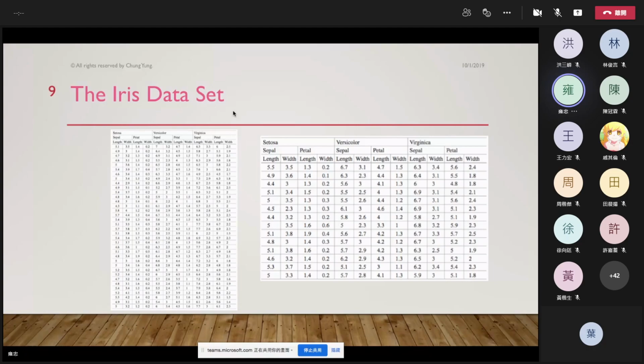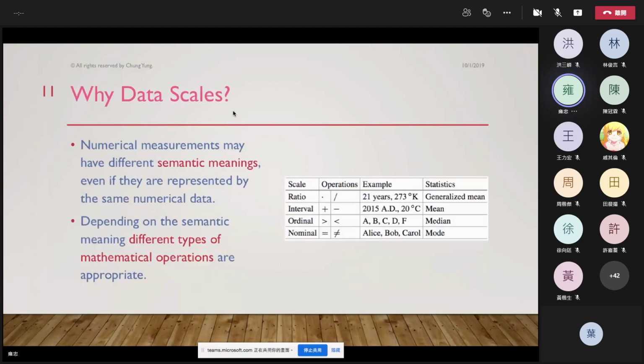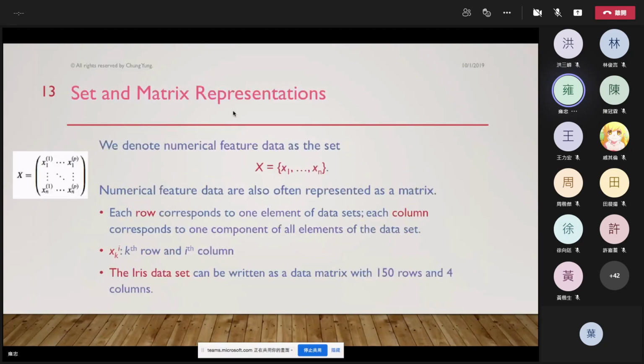For one kind of iris flower, we have 4 colors. Okay, it's not a big data set. It's just data with 150 rows. It's quite small from the viewpoint of big data.